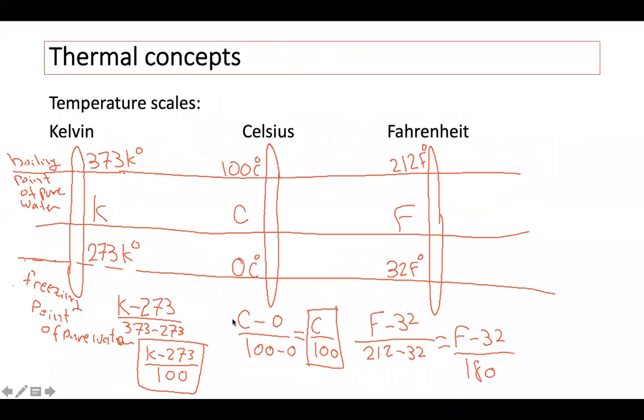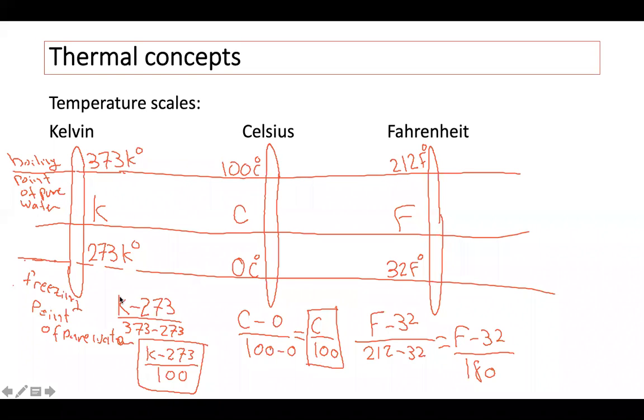When you subtract 0 from the Celsius, it gives you C, and also 100 minus the 0 gives you 100, which means you have removed the two marks from each point on the thermometer.